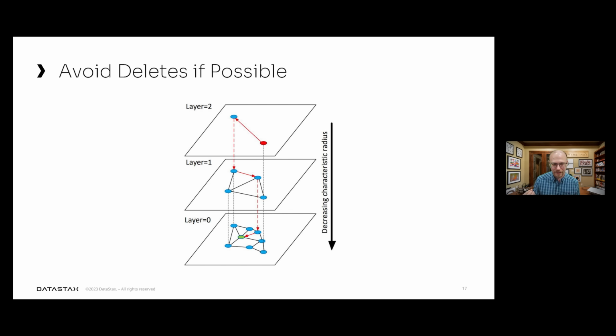And so if I delete a vector, there's no way to pull that out of the graph without causing collateral damage. And so what we do is we leave the vector in the graph, but we mark it as, hey, this has been deleted, it's not used anymore. So deletes work, but it does make things slow down because now I have to go and check and say, hey, is this vector actually still valid? But if you don't do deletes, then we don't need to do that check and it's faster.